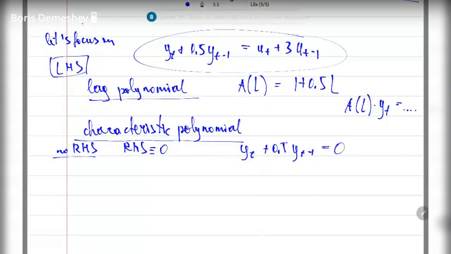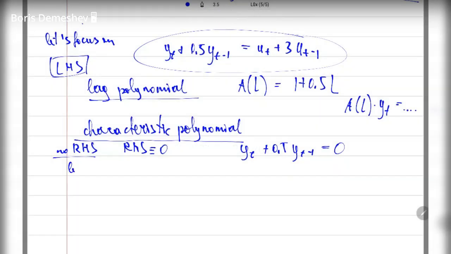And assume that we are searching for deterministic processes, not stochastic. As we have no source of randomness, we have replaced u_t, the source of randomness, by 0, and let's find deterministic solutions.